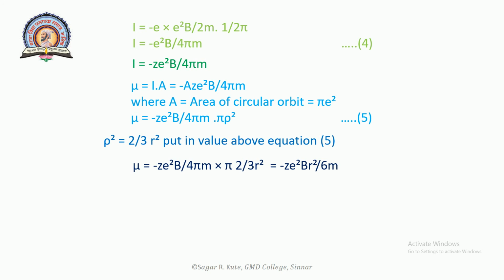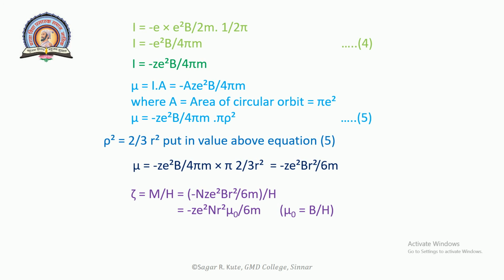Now the magnetization M is equal to mu n, where n is the number of atoms per unit volume of the substance. Susceptibility chi can be written as chi is equal to M upon H is equal to minus n Z e square B r square upon 6m upon H, that is equal to minus Z e square n r square mu 0 upon 6m, where mu 0 is equal to B by H. This is the classical equation for the susceptibility of a diamagnetic substance.